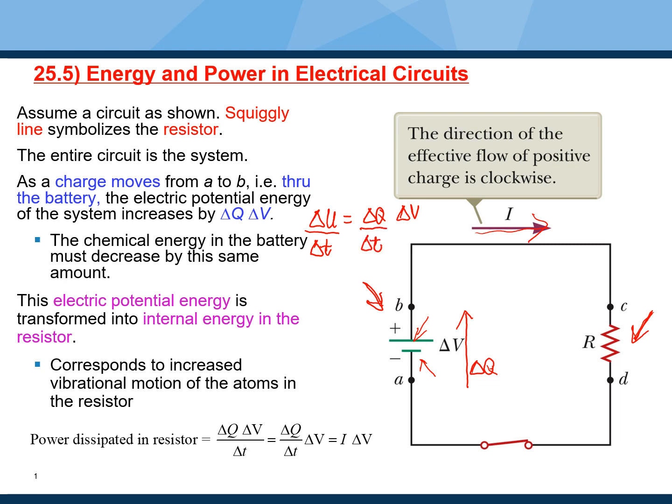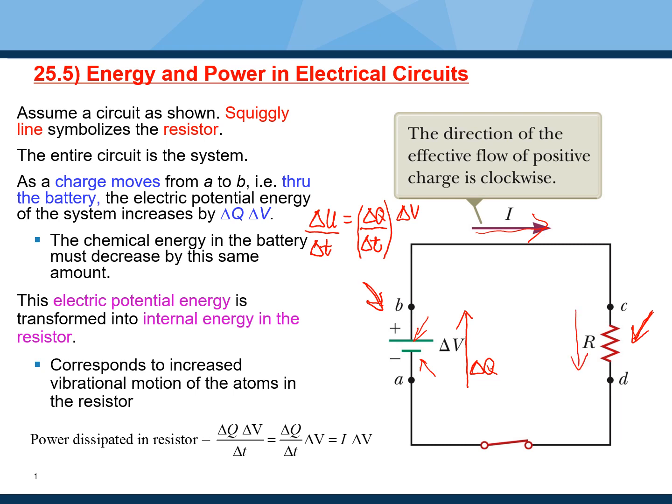Now notice that at this point we have something very useful, because delta Q divided by delta t is nothing but the current. And so while the charge acquires some potential energy as it goes through the battery, when it goes through the resistor, this energy is being dissipated in the resistor.